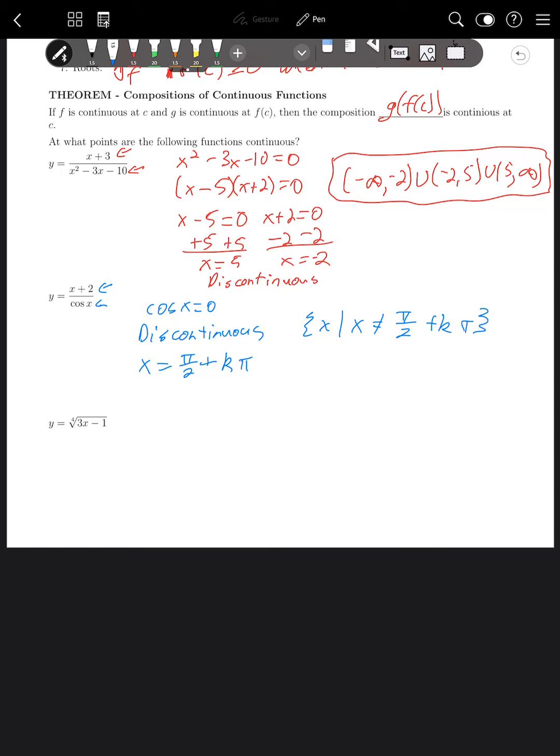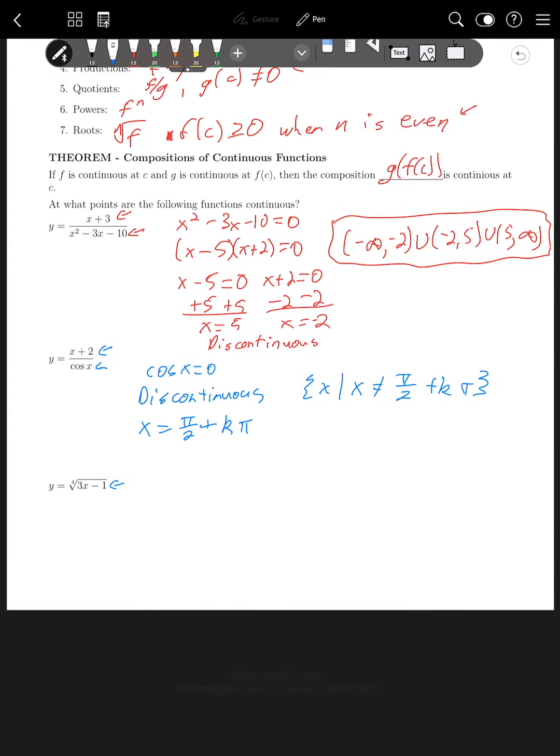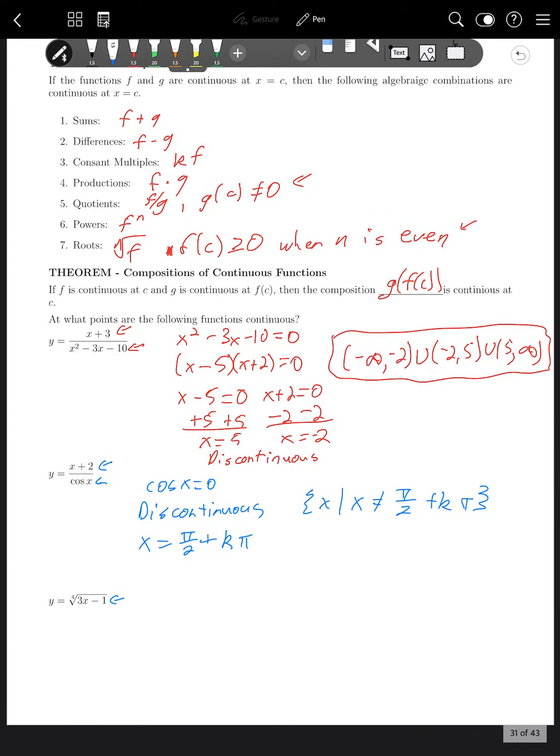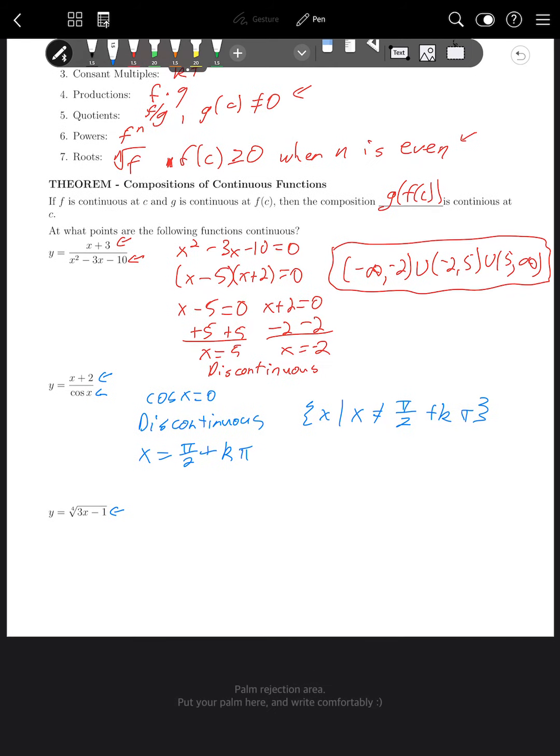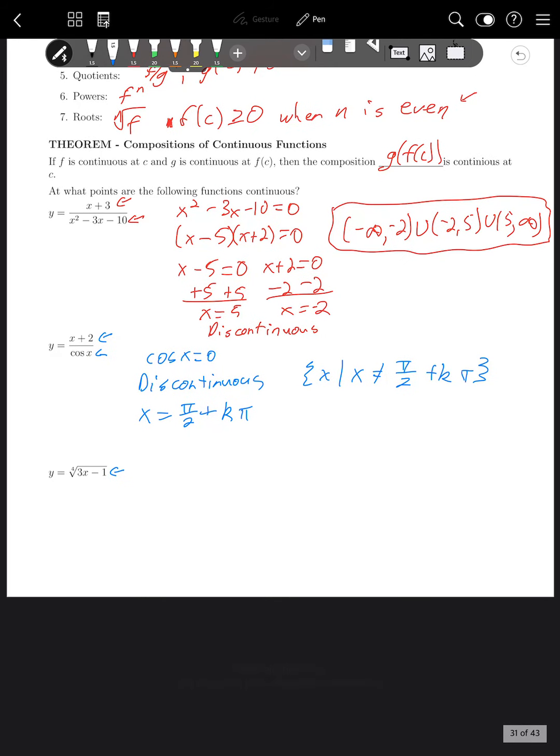And then if we look at the third one here, the function in here, we know that the composition function is continuous as long as the pieces are continuous, so the inside's fine, that's continuous. We also have this root rule that tells us that this thing should be continuous as long as the inside isn't negative when the root is even.